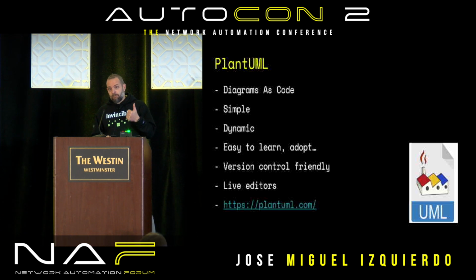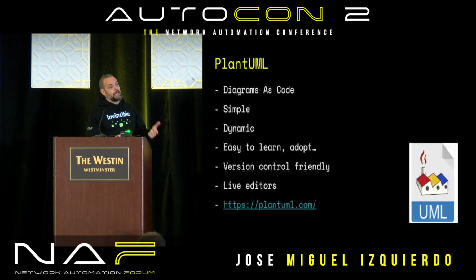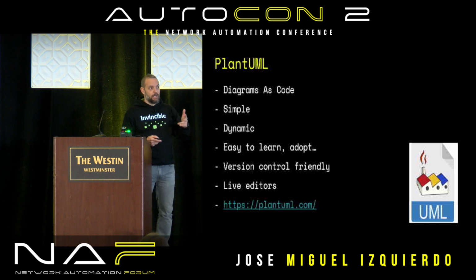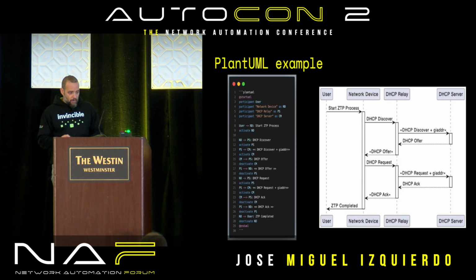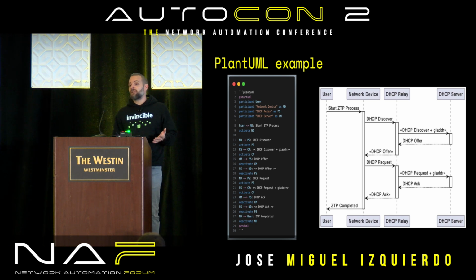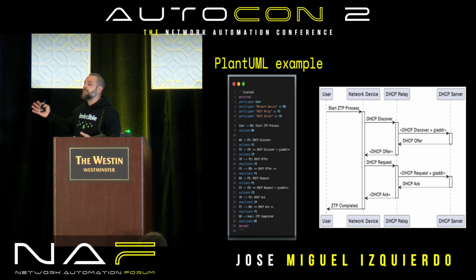Once again, plain text-based, so version control friendly. A lot of editors support it, and you can research the UI for all these things. One example: here we have a sequence diagram of the DHCP process of a network device, explaining the DHCP request.